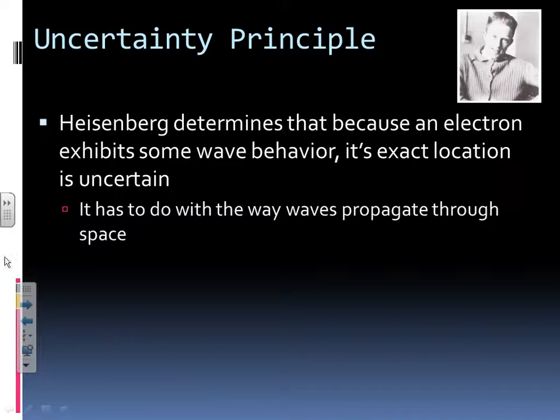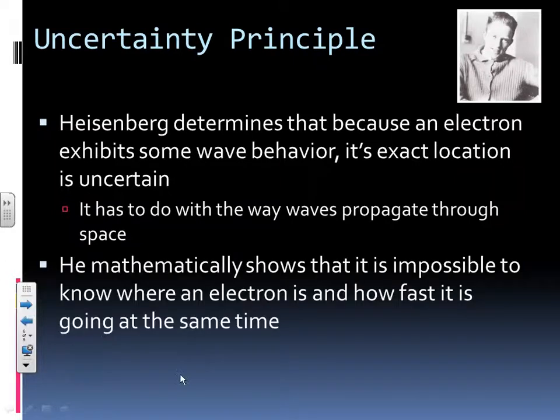This is referred to as Heisenberg's uncertainty principle. Mathematically, it is impossible to know exactly where an electron is and how fast it's going at the same time.